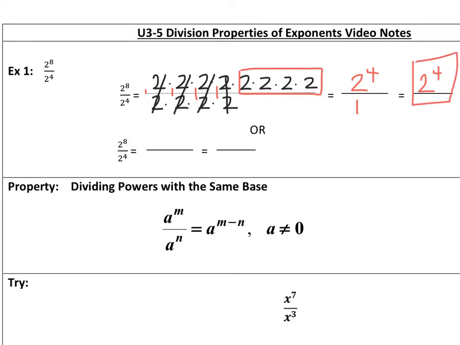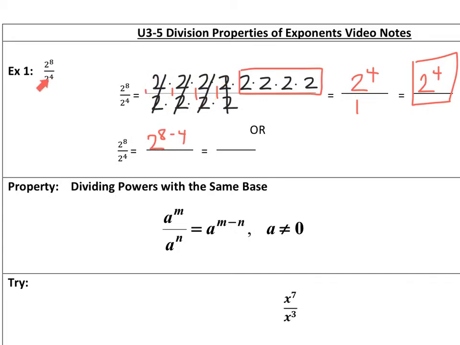So we're looking for a shortcut again. How do we go from 2 to the 8th divided by 2 to the 4th to 2 to the 4th, and skip this step inside here? With multiplication we add the exponents. With division we're going to do the opposite. It's just going to be 2 to the 8 minus 4, because 4 of these canceled out 4 of these.